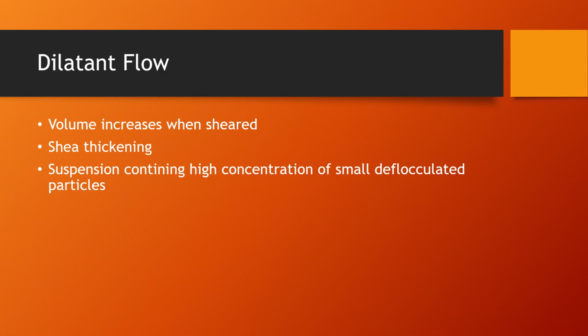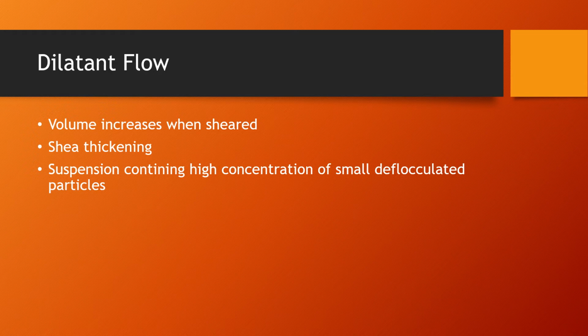Next is dilatant flow. In this case, the volume increases when shear is applied. Here volume is increasing when sheared. It is also called shear thickening. So here the material will become thick upon application of shear.